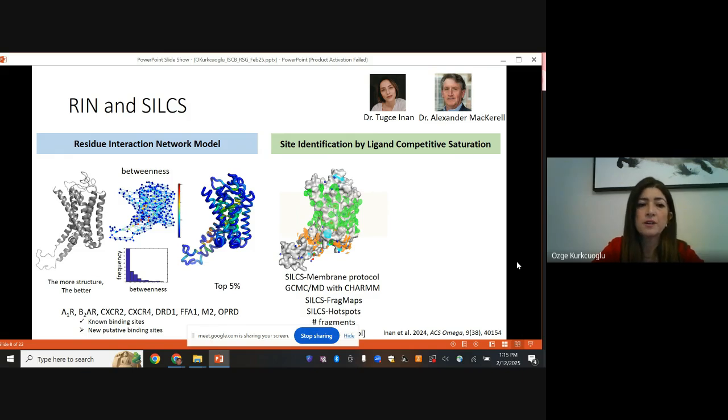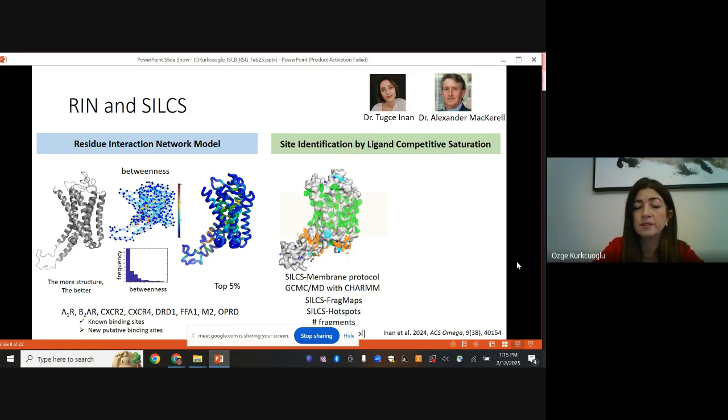As GPCRs are membrane proteins, the membrane protocol of SILCS was employed, and the different types of solutes were overlaid in the system, and the oscillating chemical potential, grand canonical Monte Carlo, and MD simulations were performed using the CHARMM force field. The probability distributions of the solutes were calculated over the trajectories using the Boltzmann distribution, and their grid free energies were obtained.